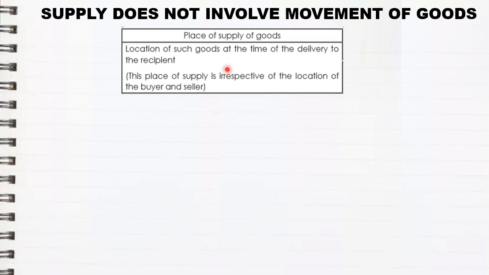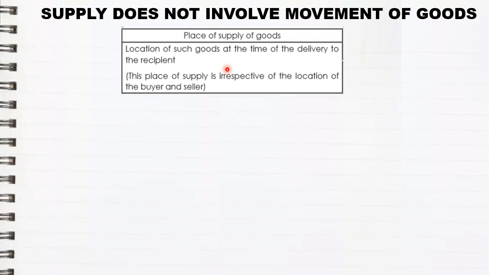In simple terms, let us take an example. Let's say Mr. X is from Mumbai, Mr. Y is from Goa. Mr. X, for his vacation, went to Goa, and from Goa he purchased the goods from Mr. Y. So here the goods were manufactured in Goa itself.